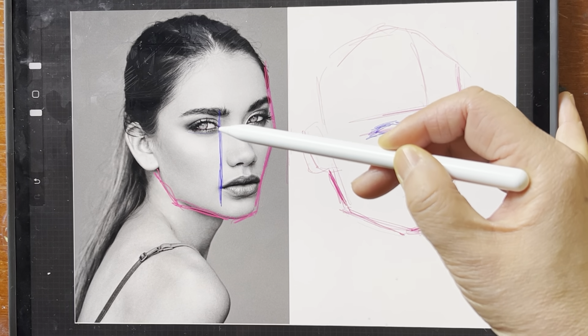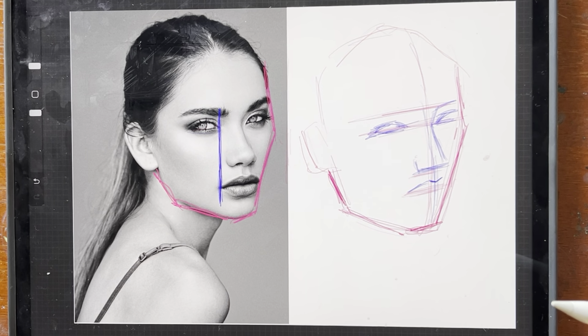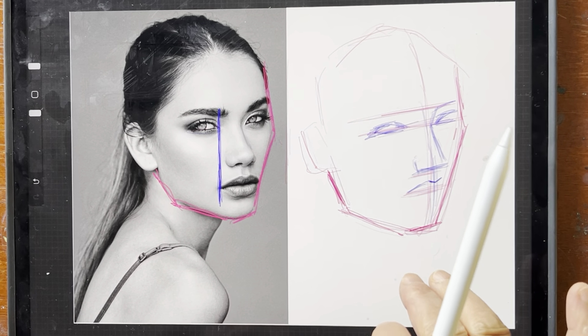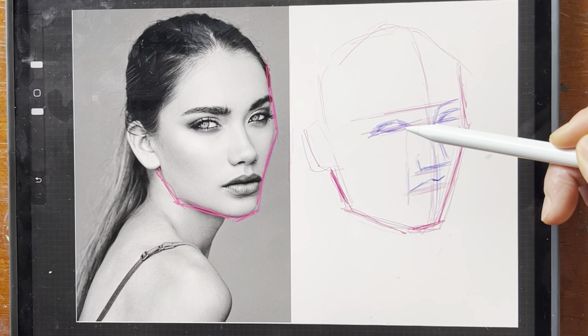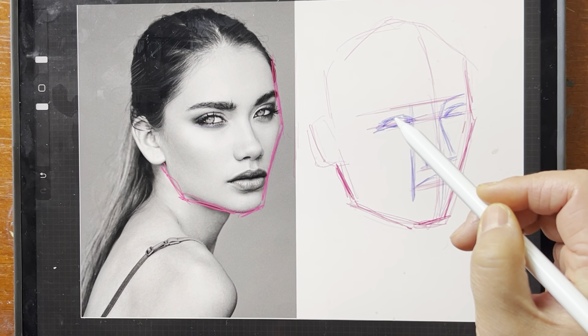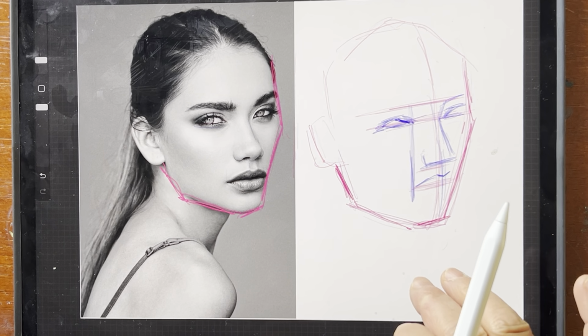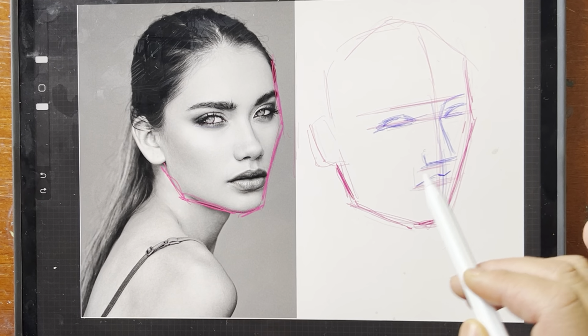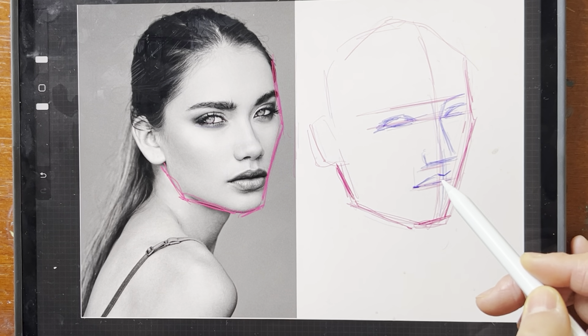I always have a vertical line looking up that meets where the eye is. So if I have a vertical line here, that's about right, because my eye was too close to there. So that's about right. That's where I'm going to end this mouth, okay?